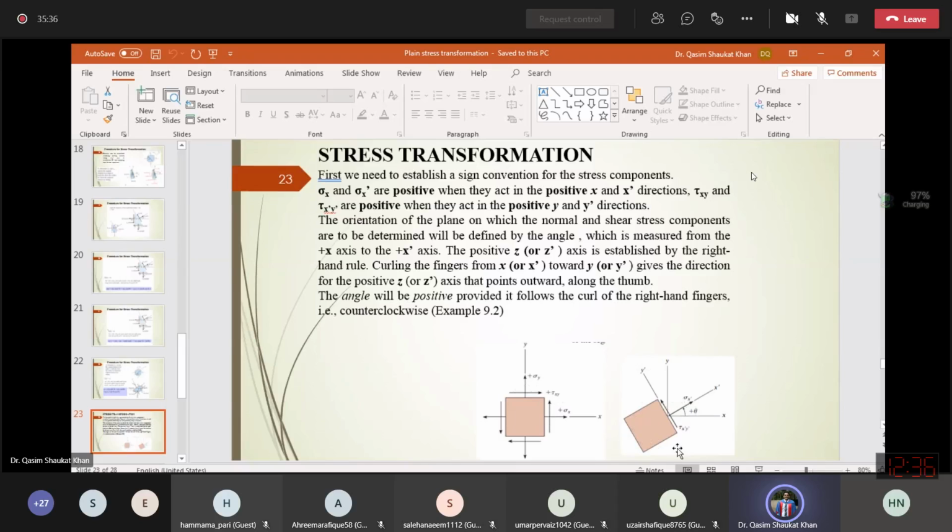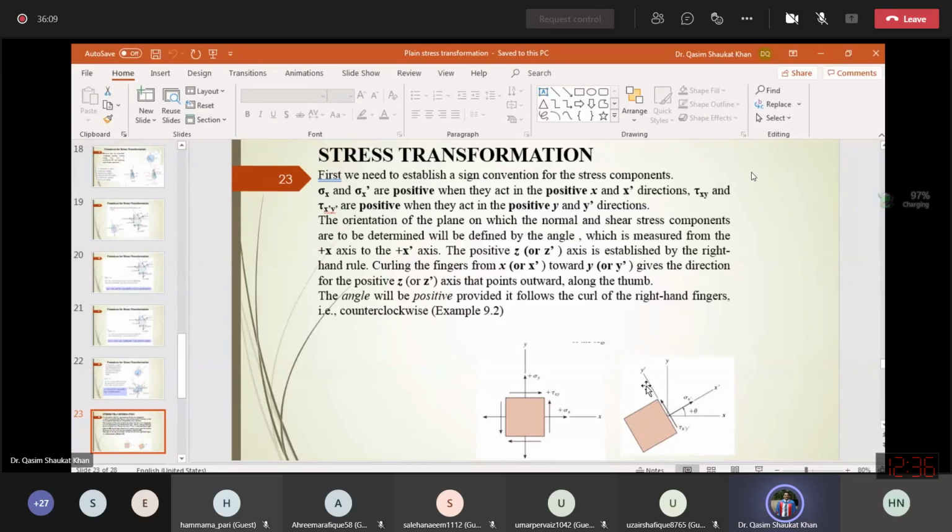Now this is the second case in which your element is rotated by some angle. Now your axes are rotated by an angle theta, and this angle theta is counterclockwise. You can see your rotated axes are the x dash axis and y dash axis. So both x axis and y axis are rotated by an angle theta.